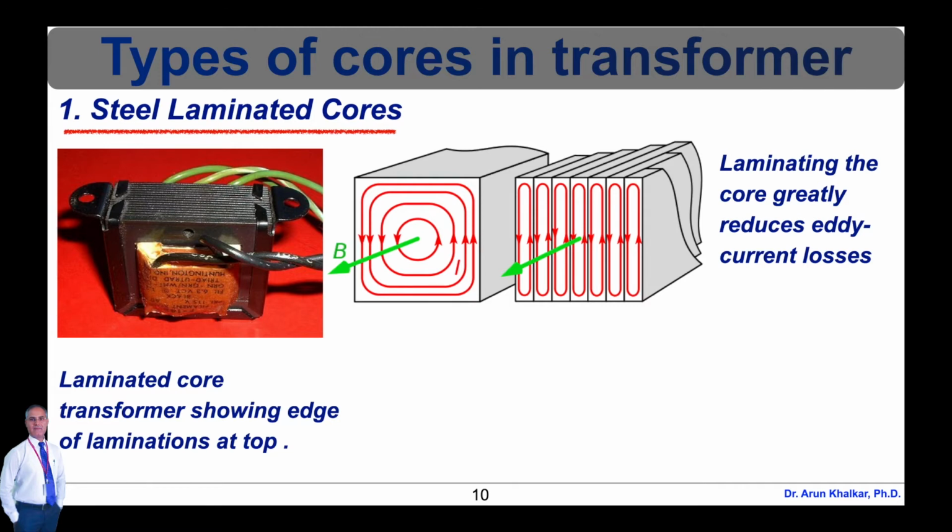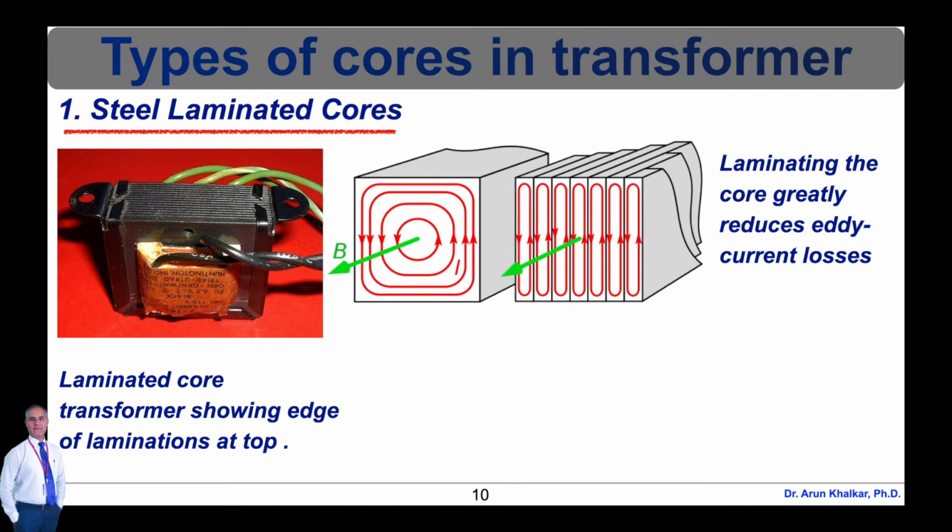On the right side, making the core out of laminations parallel to the field, which is capital B in green color, with insulation between them reduces the eddy currents. In this diagram, the field and the currents are shown in one direction, but they actually reverse direction with the alternating current in the transformer winding.